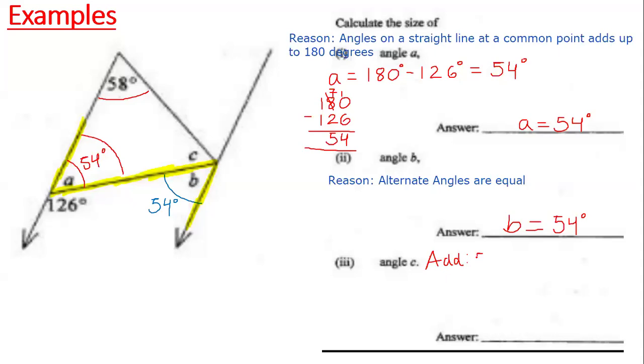So we have 58 degrees plus 54 degrees. When y'all add them, what did y'all get? 112. So 58 plus 54 is equal to 112.